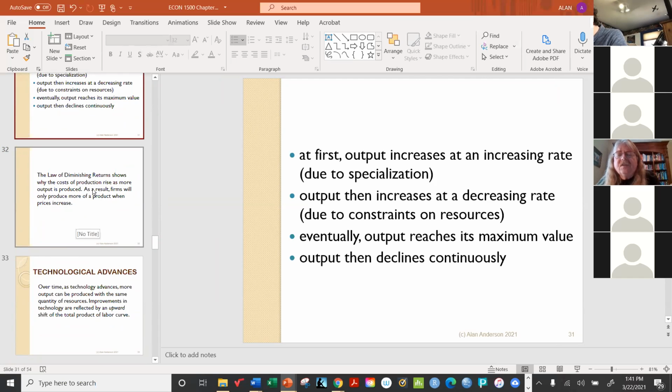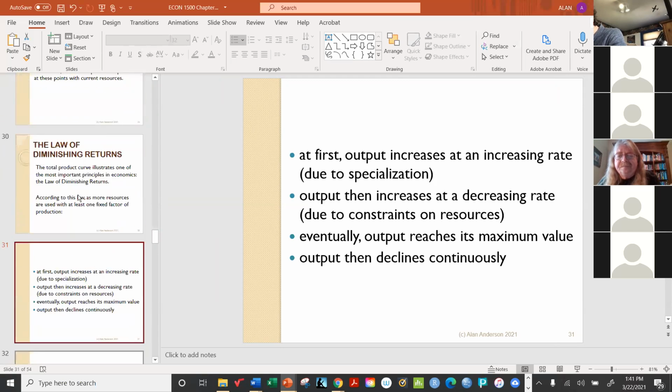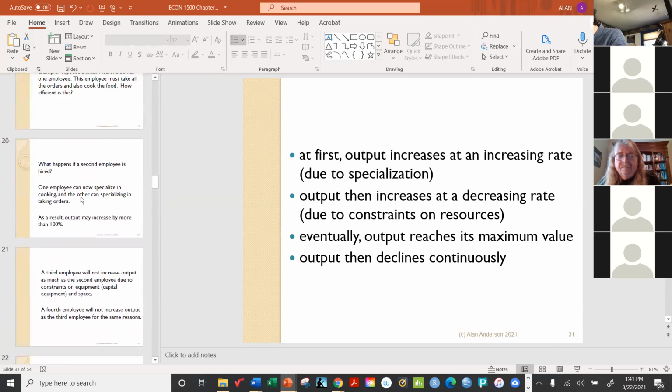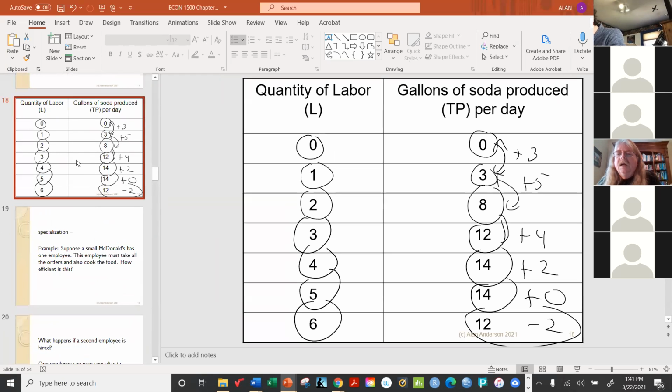Actually, let me go back and revisit our chart. What this means then is that in the short run, in order to produce more soda, we have to charge a progressively higher price because the costs of producing the soda are going up.